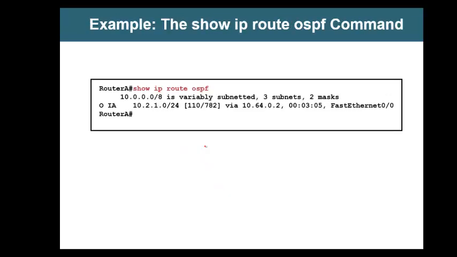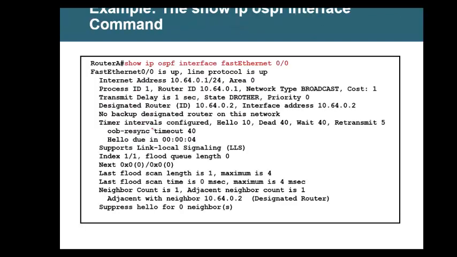Show ip route ospf shows only the OSPF routes. When you see O, it means OSPF; IA means inter area, coming from another area, meaning this network is not from the same area this router belongs to. Show ip ospf interface shows the router ID, the network and the mask, the DR, BDR.